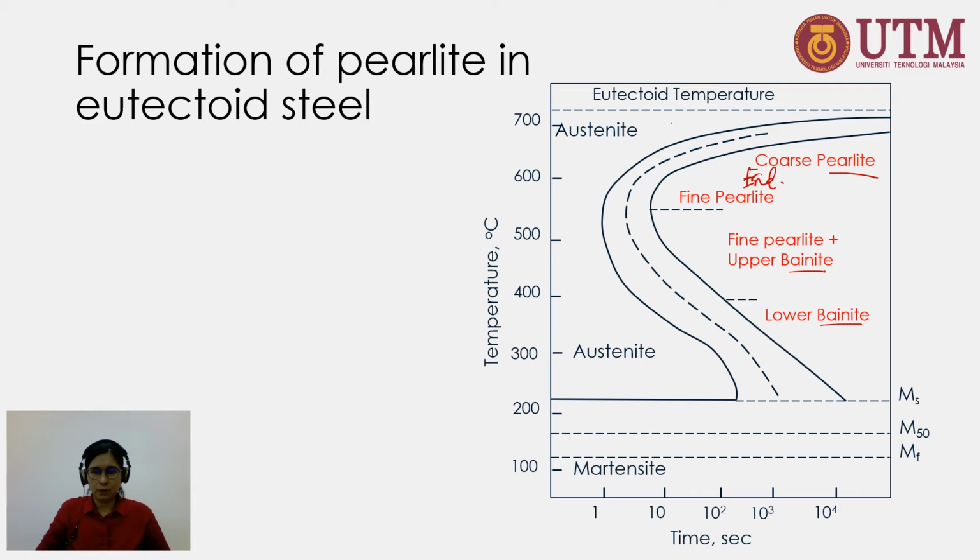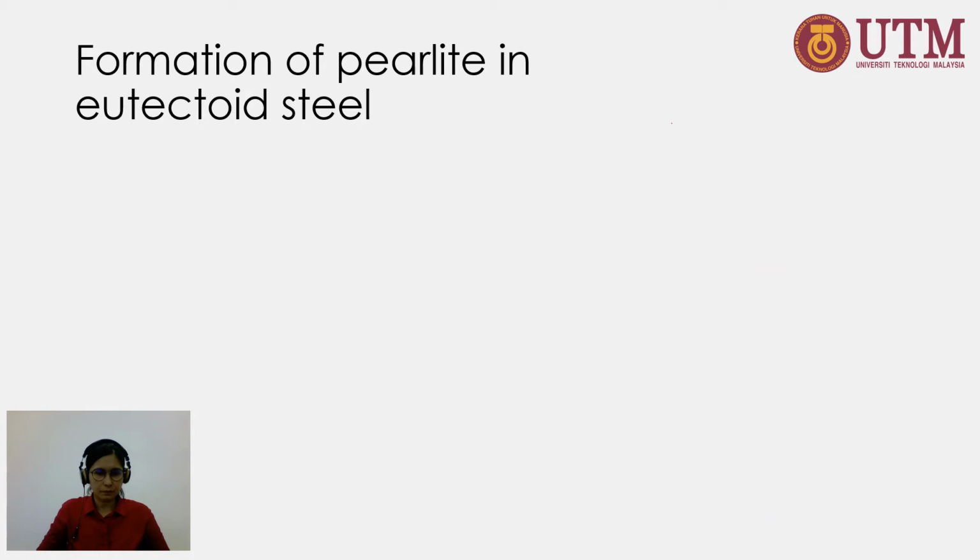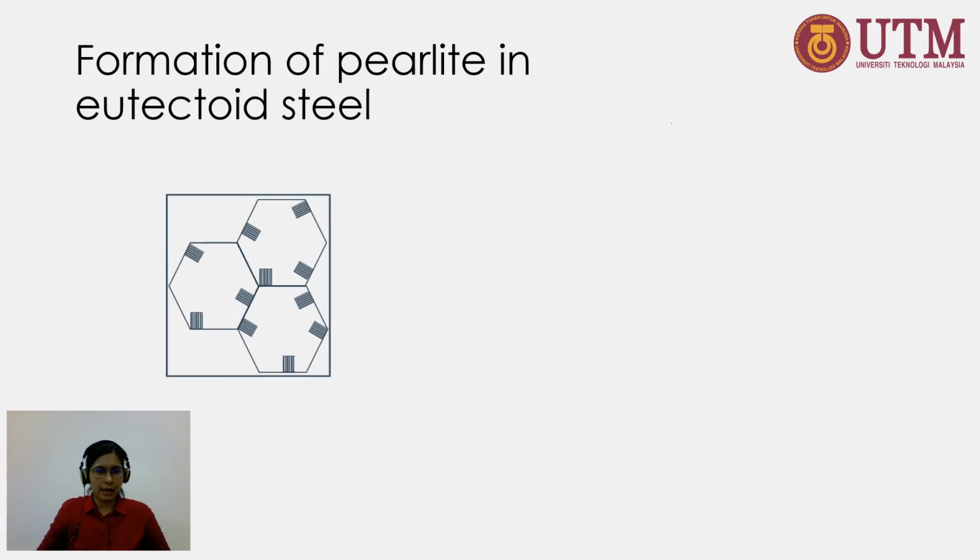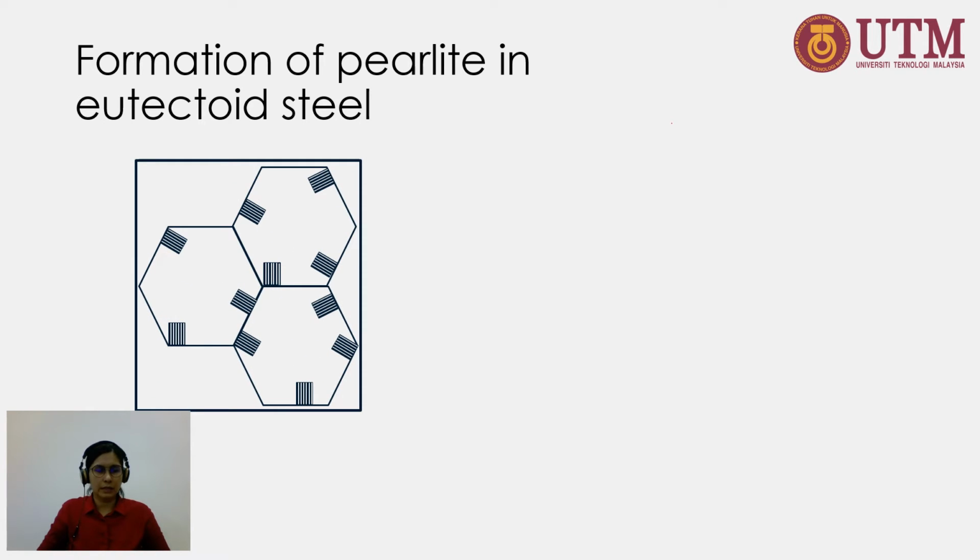So I will erase all this, and I will use a chicken wire structure to illustrate this. So here I have this chicken wire structure, and this chicken wire structure represents austenite grains. As soon as the transformation time reaches the line where the transformation begins, the pearlite colony will start to transform at the grain boundary of the austenite grain.